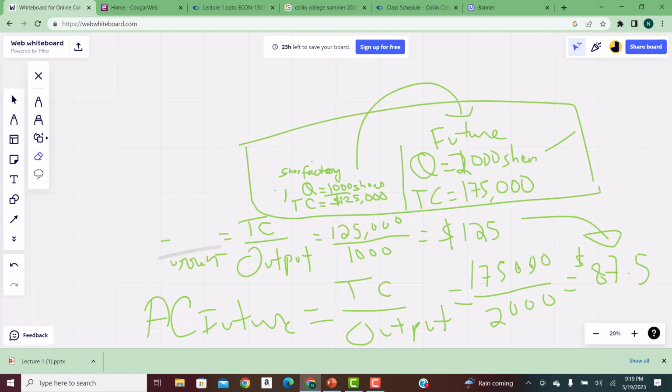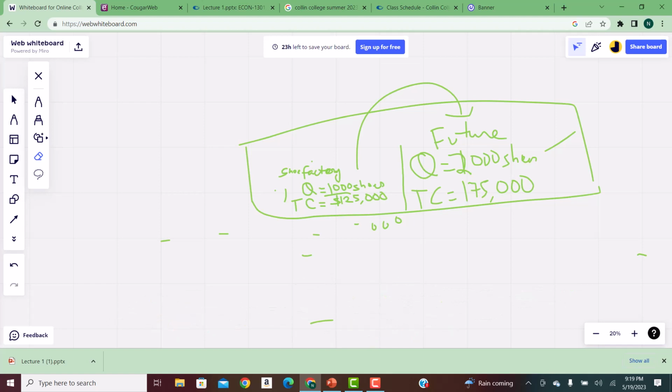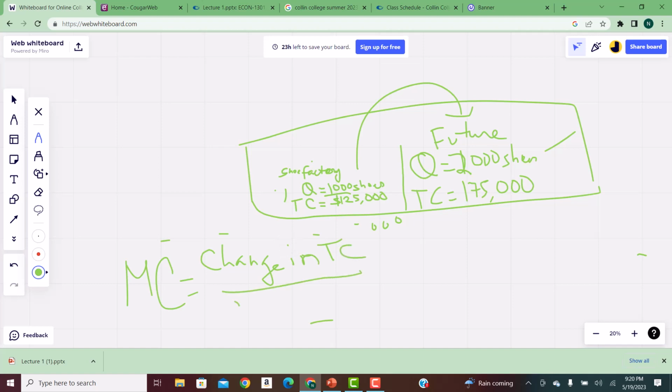I have to erase. I hope you already took note of that and you already understood what I did. But now I'm going to show you how we are going to compute the marginal cost. Okay, so marginal cost, again, is the change in total cost divided by the change in output. So when you are moving from 1,000 to 2,000 shoes, what's the change in cost?